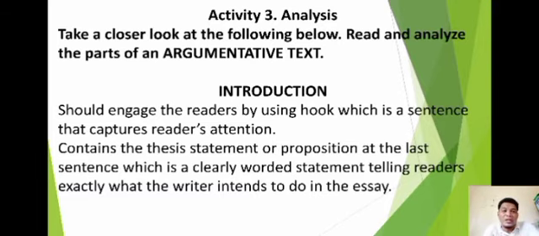Yung nakakakuha ng attention, yung makaka-hook ng attention. So, kailangan, if you're going to write an introduction, you must hook the reader's or the listener's attention. Ito ay mga pwedeng umpisahan sa questions, sa quotation, or iba't ibang pamamaraan na makukuha mo ang atensyon nila.